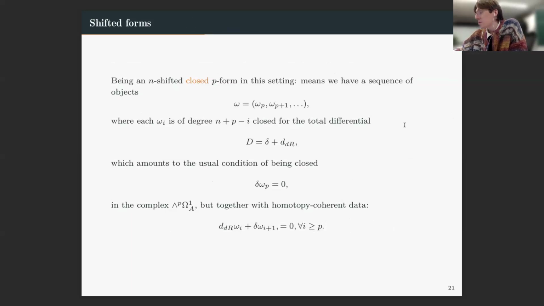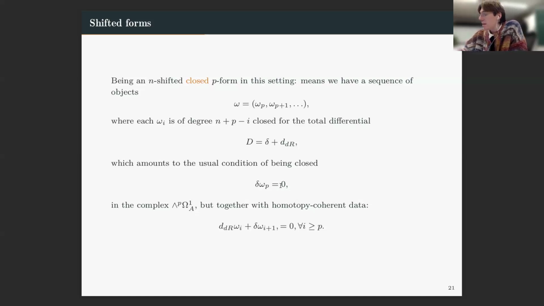And if you compute the cocycle condition for the total differential, where delta is the internal differential for us, then the condition of being closed means it's closed internally as an object of the complex of p-forms, shifted by minus p so it's in degree 0.